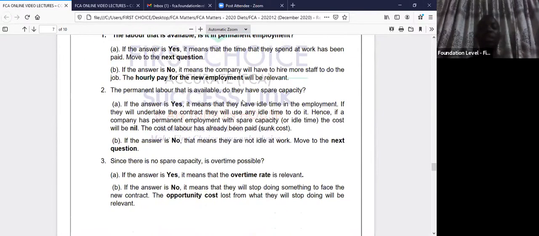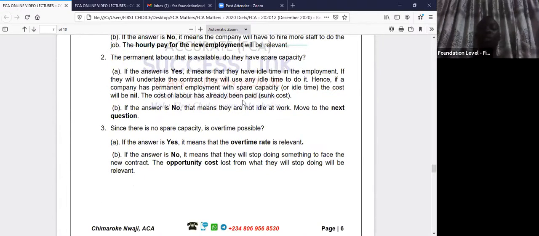The next question is, since there is no spare capacity, is it possible that they can do the contract using their overtime? Is overtime possible? If you answer yes, that overtime is possible, then you have to pay them overtime rate. Now, how is overtime possible?